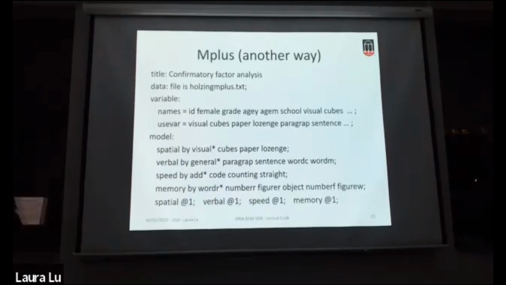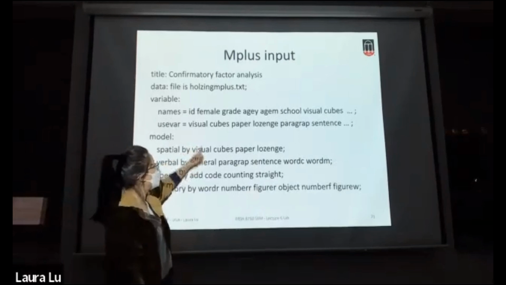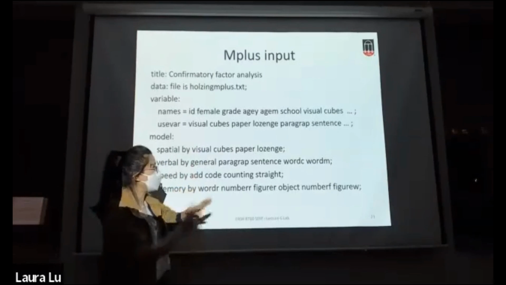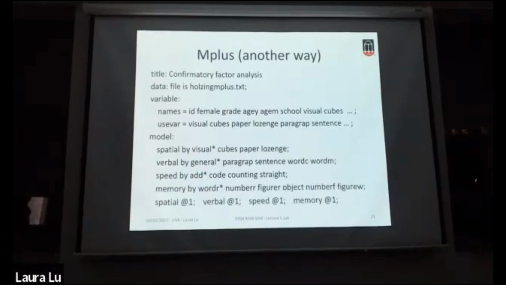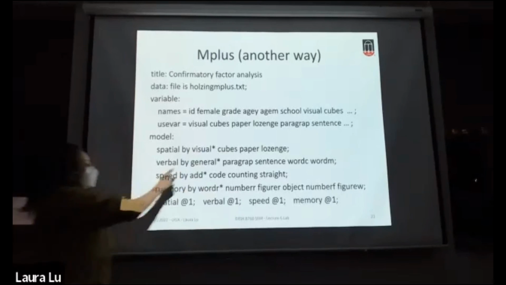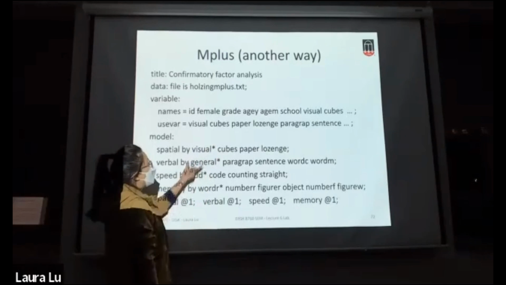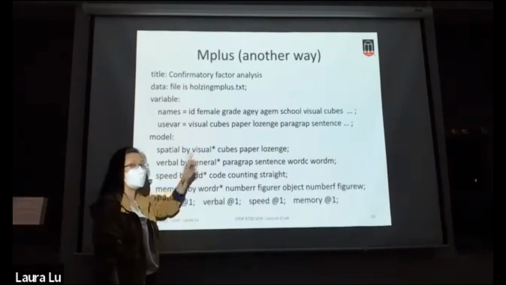And again, this is model identification. If you use this way, the first factor loading will be fixed at 1, fixed at 1, fixed at 1. If you don't want to use this method, then you add a small star here. That means I'm going to freeze the default setting of fixing the factor loading at 1.